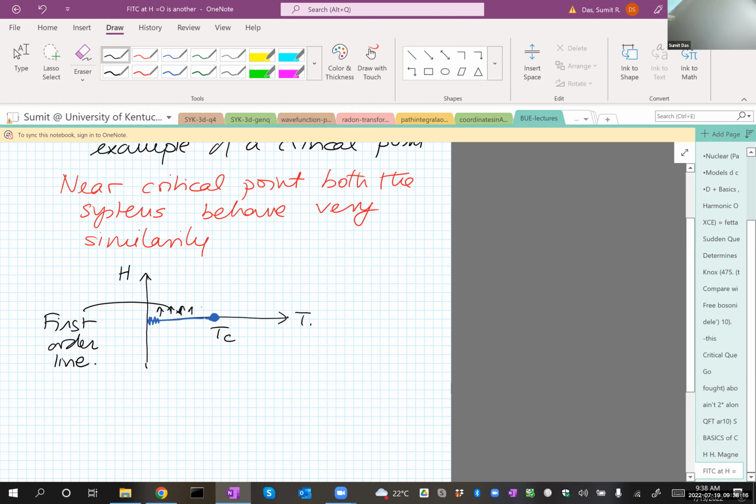So what Landau did was to say, to a very good approximation, I should be able to describe this by keeping the simplest terms which you can imagine to write in the free energy. For the first pass, you consider gradients to be small.